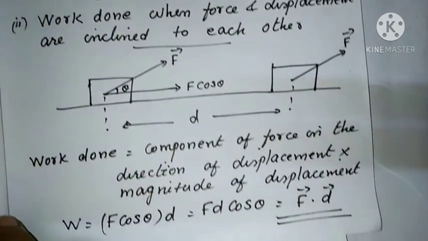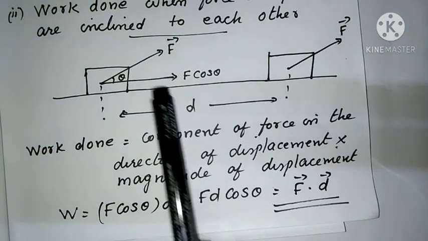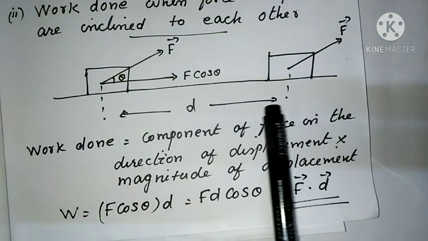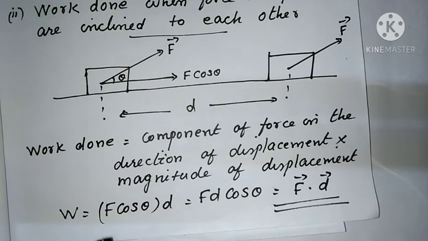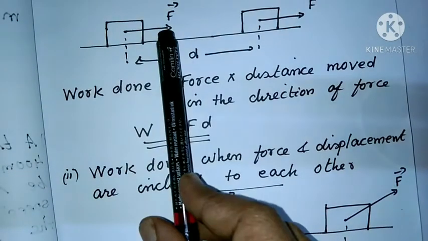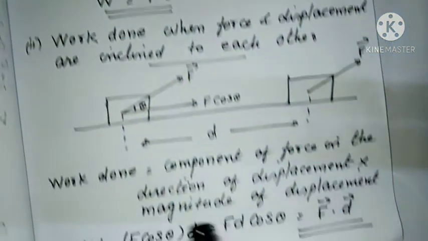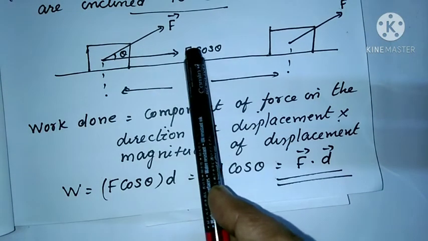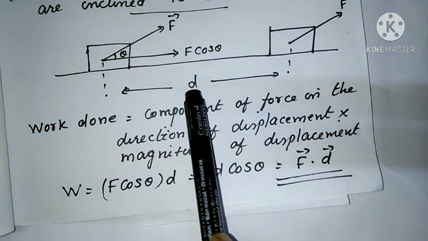Work done is the component of force in the direction of displacement times the magnitude of the displacement. In the first case we wrote W equal to F into d. Similarly, here we can write the component of force times the magnitude of the displacement.